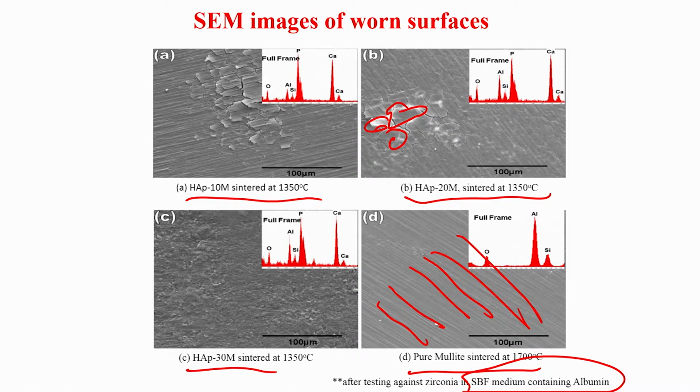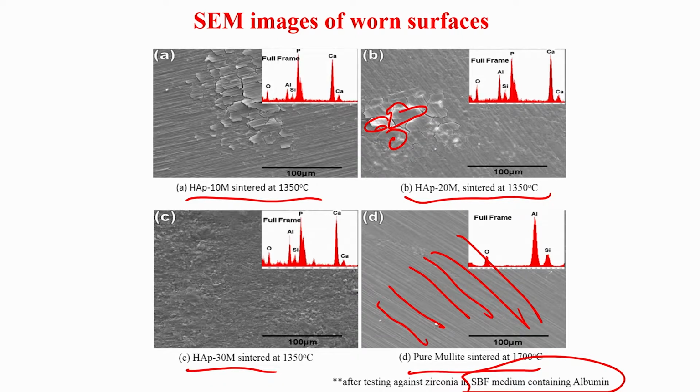So, whatever you see in the 10%, 20%, 30% mullite, these changes in the wear mechanisms must be attributed to the presence of phases other than mullite, simply because mullite, when fretted against zirconia in simulated body fluid, only shows abrasive scratches. So, the presence of mullite in the composites can be attributed only to the generation of abrasive scratches.